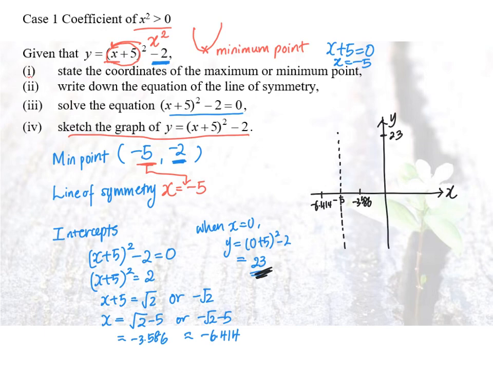So I have to mark it at a higher point on my y-axis. And my minimum point is (-5, -2), so it's quite a low value for the y value of the turning point. Then we complete our graph. Remember to label. And that's the answer.